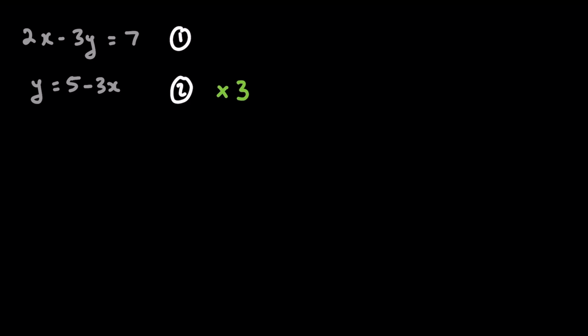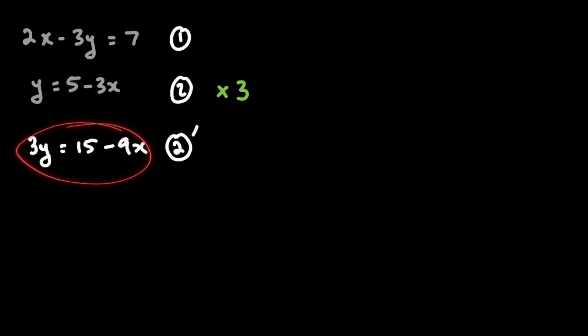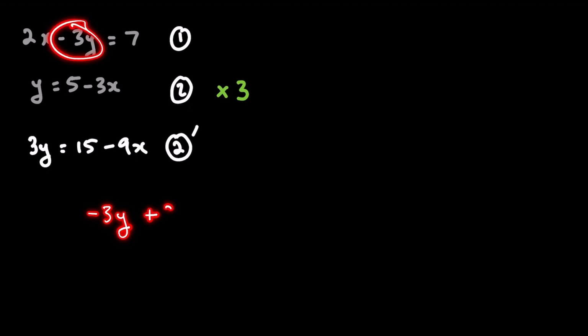So now what I'll end up having is 3y equals 15 minus 9x. So that's like my equation 2 modified. I'm just going to do 2 prime there to show that it's still equation 2, but just slightly modified. And now if you notice, minus 3y from equation 1 plus 3y from equation 2 prime is equal to 0.